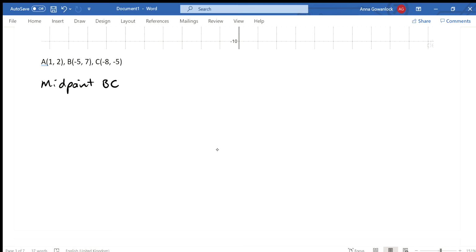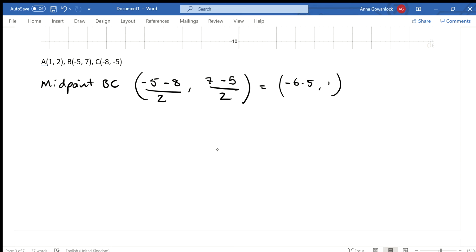Okay, so then the midpoint BC, we've got -5 plus -8 over 2, and 7 plus -5 over 2. That gives us a midpoint of -6.5, 1. Then the gradient of BC, you should have done -5 -7 over -8 -5.